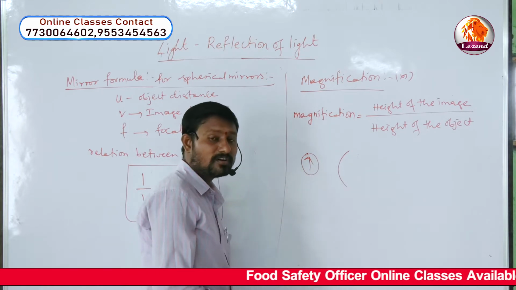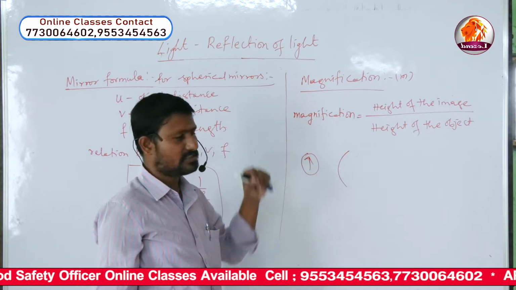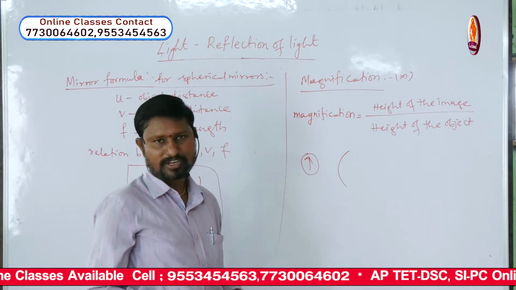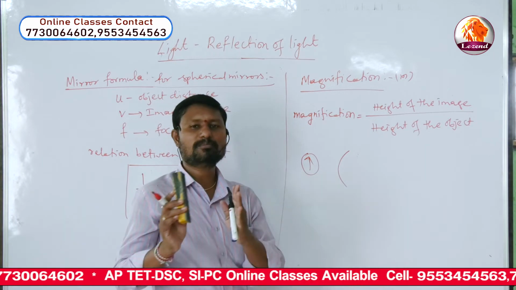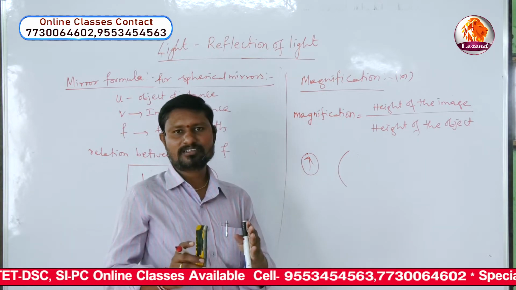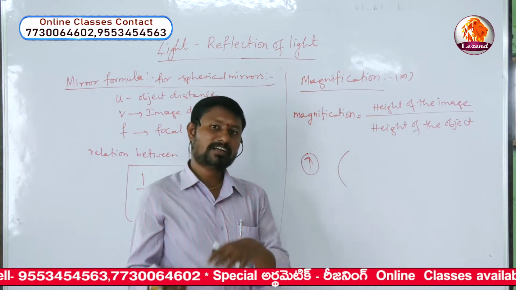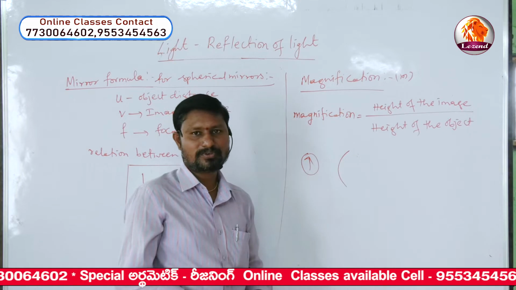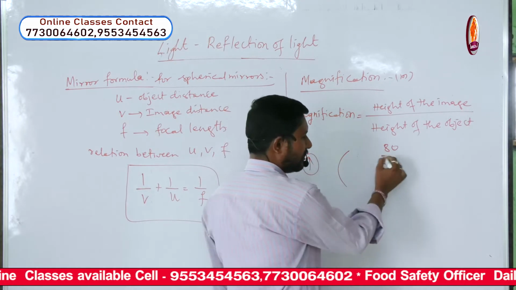Another important example to remember this easily: we write an examination, and the examination is conducted for 100 marks. So I am comparing the 100 marks with the object. It never changes. And how many marks you secured, for example, you got 80 marks, so you write 80 out of 100.